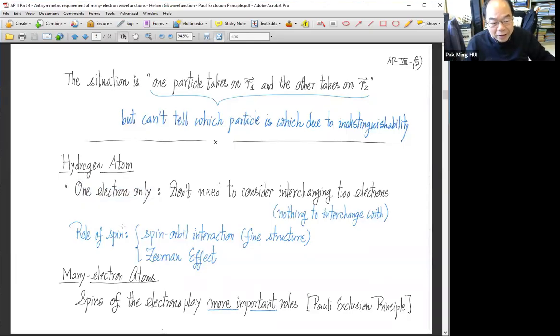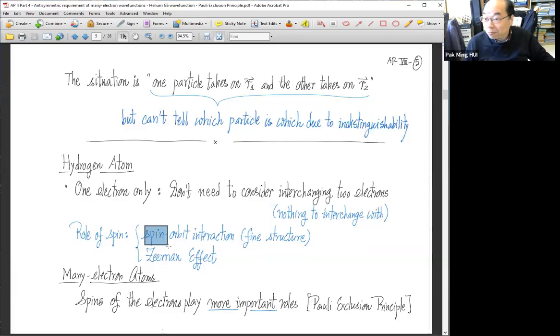And we have seen that the spin of that lonely electron plays some role. We have studied spin-orbit interaction, which leads to fine structure that has to do with spin. We have also studied the relativistic correction. After you hand in problem set 3, I hope that at least you know what the Dirac equation is, which has spin built into the equation.